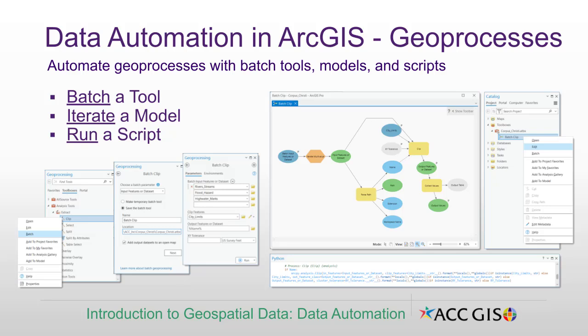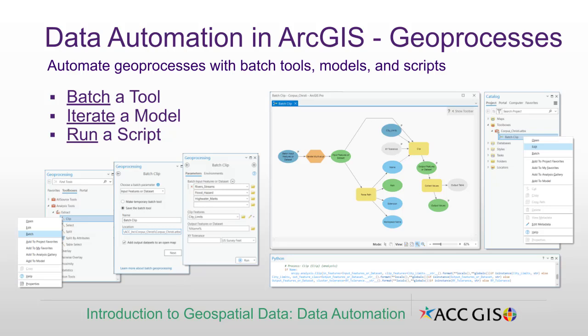If you look on the left-hand side of your screen, you can see where I have browsed to the clip tool in the analysis toolbox and extract tool set and right-click the tool. Rather than opening it, I'm going to select batch, and that opens up the batch clip pane, which allows me to change the input parameters for multiple runs.